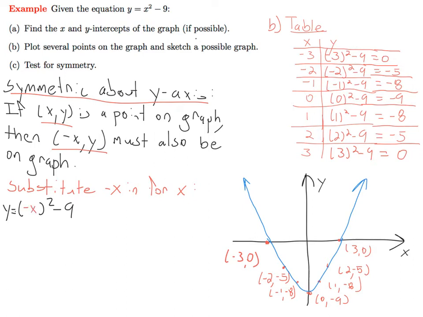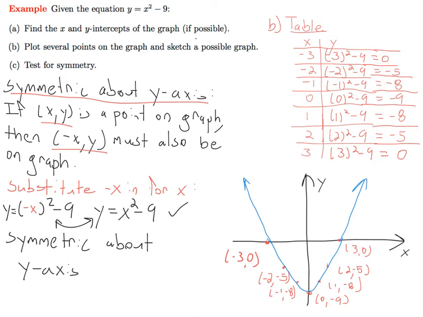And what we get is y, when I square -x, the negative squared gives me positive 1. So I get y is equal to x squared minus 9. And since we get the same equation back, an equivalent equation, then we can see that this is symmetric about the y-axis. So we know it's symmetric about the y-axis.